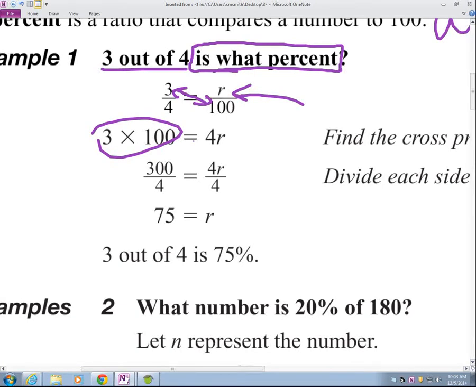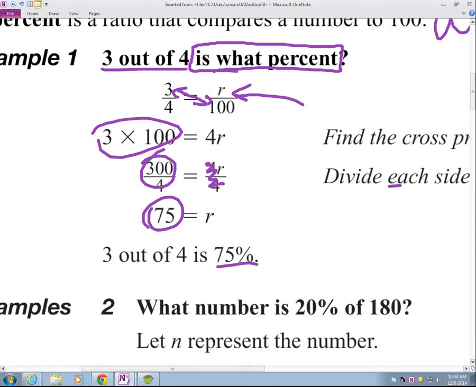So we find the cross products, then divide each side by 4, because the opposite of multiplication is division. The way we did it in that PowerPoint is they just crossed those out to go away, and then you divide 300 by 4, and you get 75. Now, it says 75%. Keep in mind that the answer is not just 75 because it's asking you what percent. So you have to answer 75%.